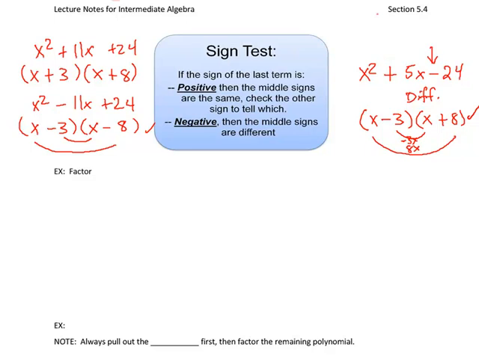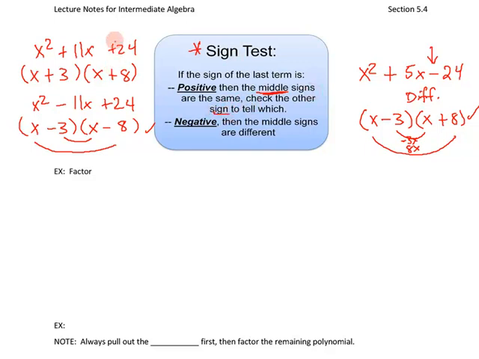So these three concepts put together give us what's called the sign test. And here's what we use. If the sign of the last term is positive, then the middle signs are the same, and you check the other sign to tell you which.